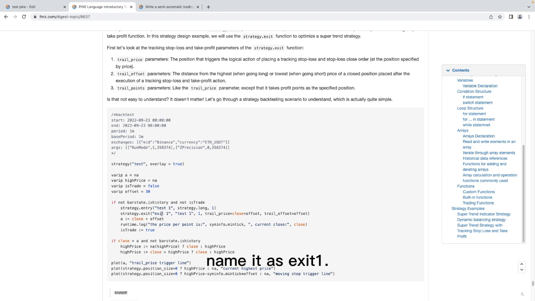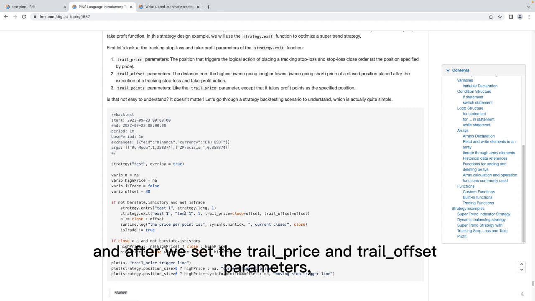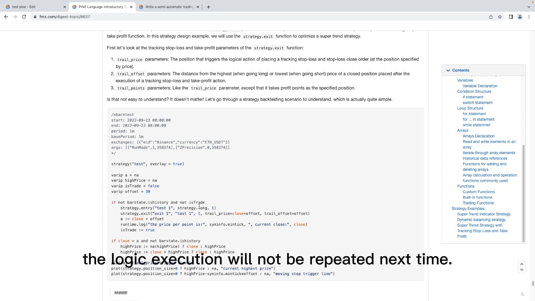Name it as exit 1. The long position corresponding to our plan commission is test 1. And after we set the trail price and trail offset parameters, we assign the value of each trade to true. That is, after one execution, the logic execution will not be repeated next time.